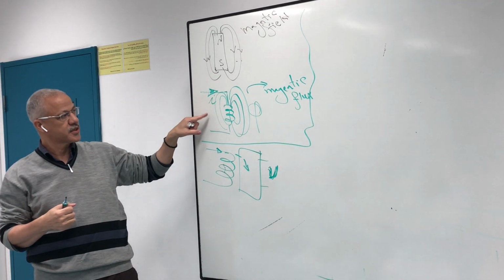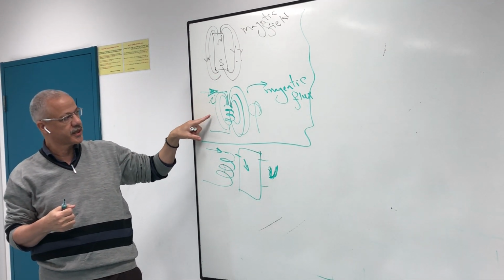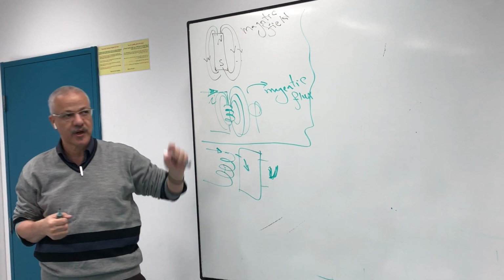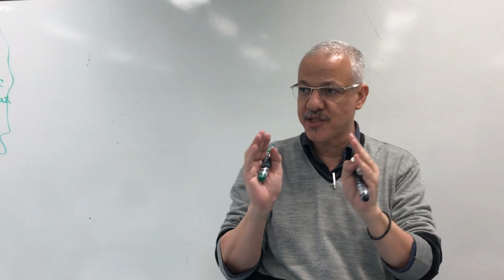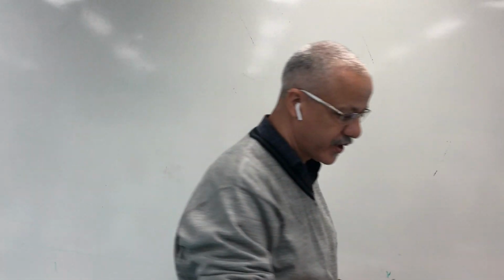Ampere's law is just that if current flows in this circuit, I have magnetic flux. You have to keep these two laws in your mind. It is very important.